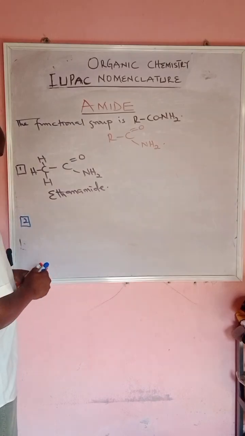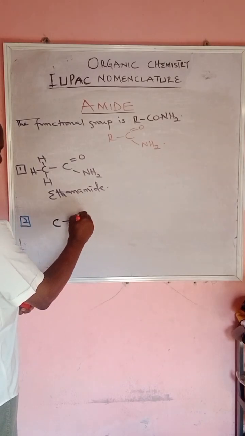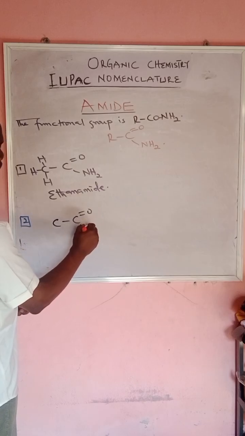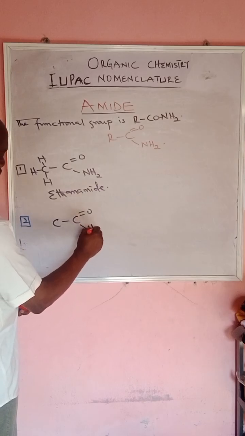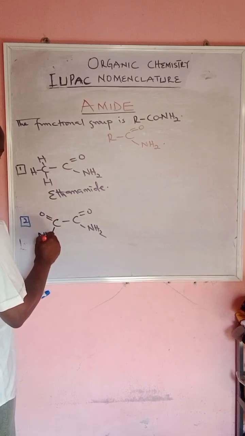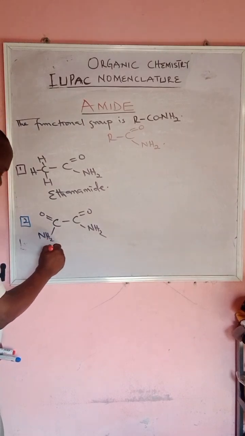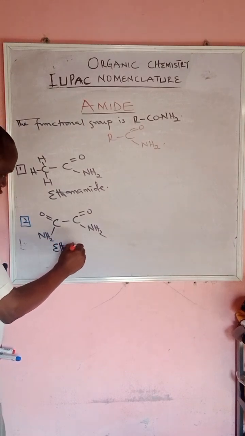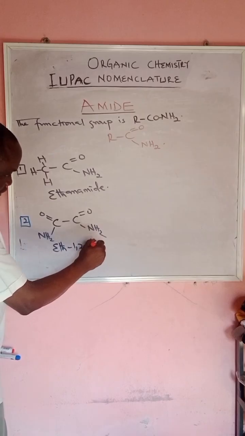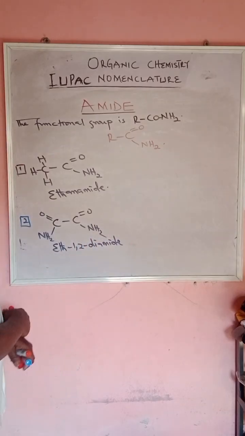You have it like this, you have NH2 here, and NH2 here. So this one will be ethane-1,2-diamide, or ethane diamide.